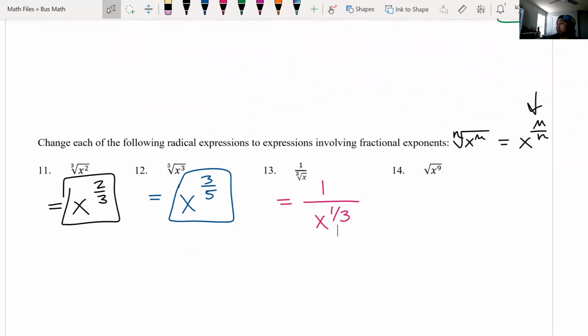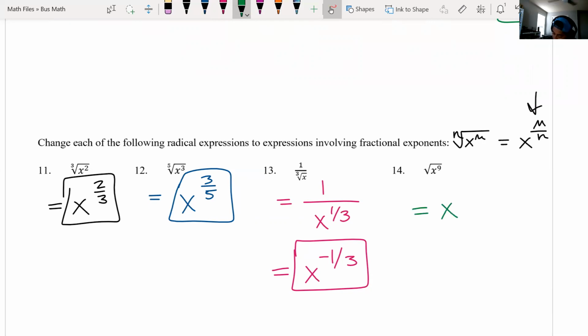But now we can use the negative exponent rule and rewrite this as x to the negative 1/3. And then last, the square root of x to the 9th. This will give me x to the 9 halves. There we go. So that was going from radical to rational exponent.